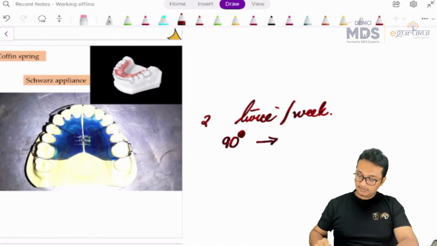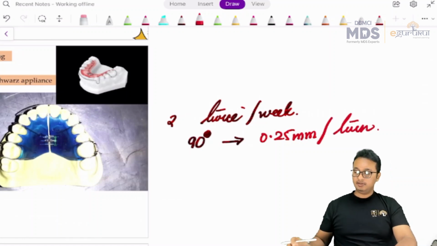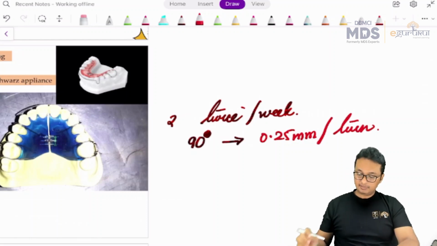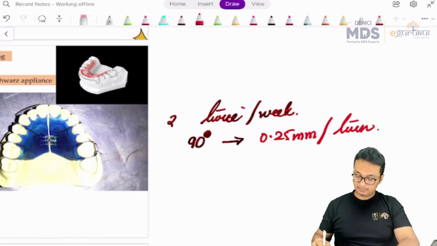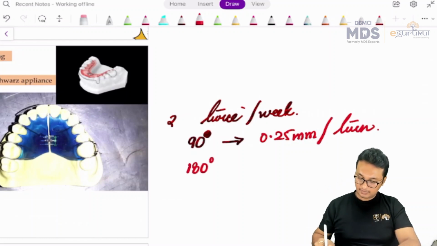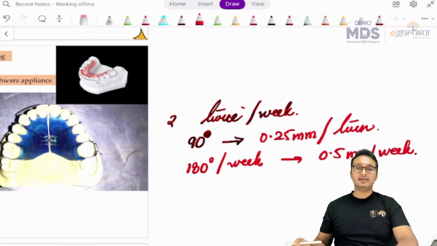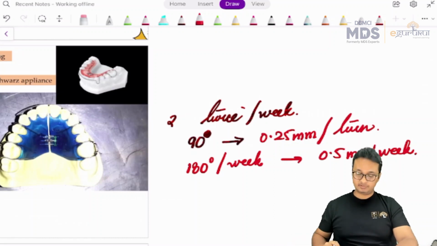That means 0.25 millimeter per turn expansion is advisable in such cases. That means two turns per week, 90 degrees plus 90 degrees, means 180 degrees per week, or 0.5 millimeter per week expansion is advocated with use of slow maxillary expansion, specifically the jack screw.